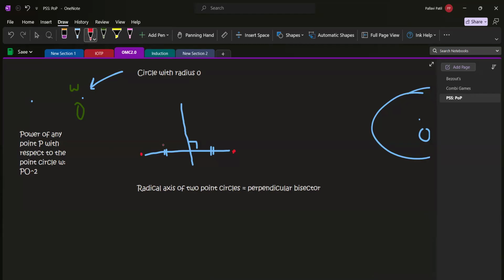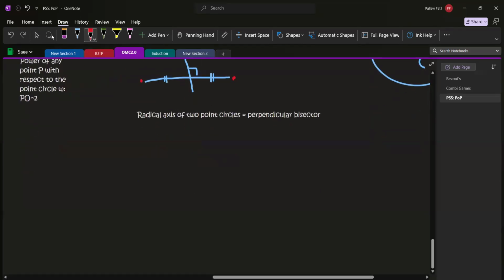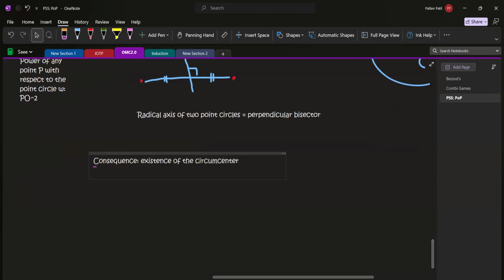So what we have is this. Right, so the perpendicular bisector. A very cool consequence of this is the existence of the circumcenter. So question: show that the perpendicular bisectors of the 3 sides in a triangle concur.